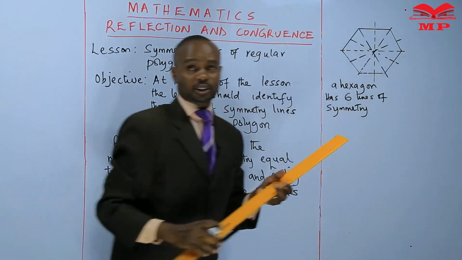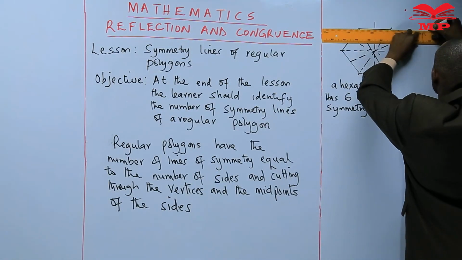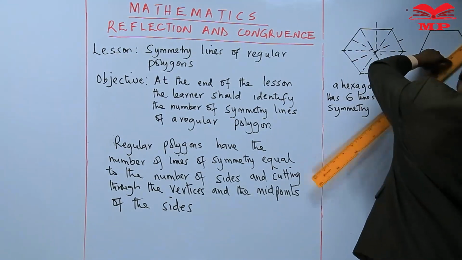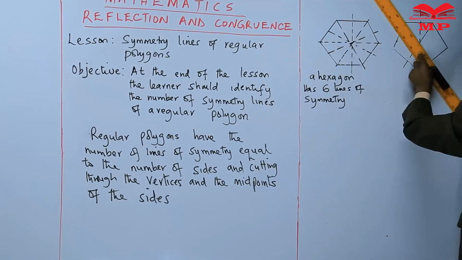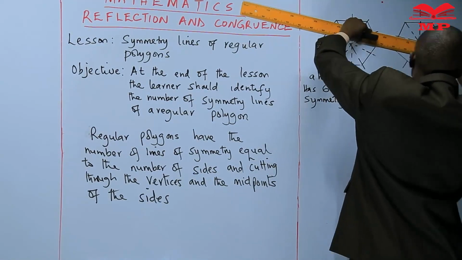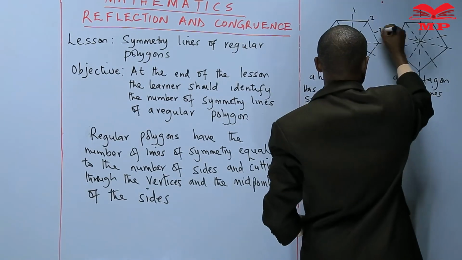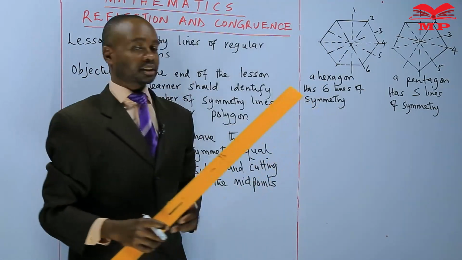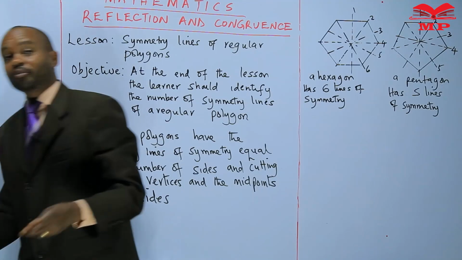I clearly demonstrated that, and we have the pentagon. So those are the characteristics you'd find in the lines of symmetry of regular polygons.